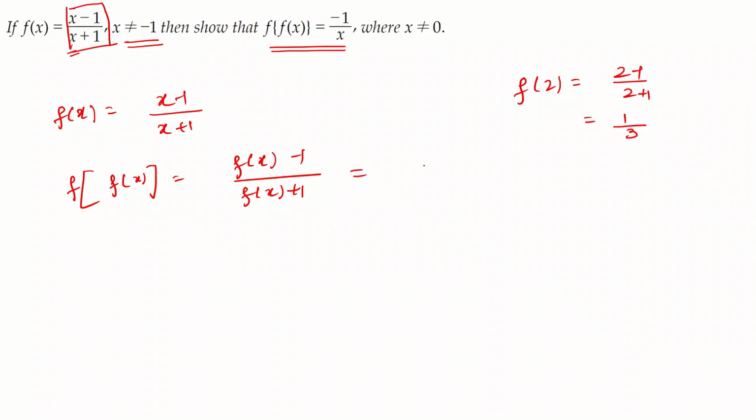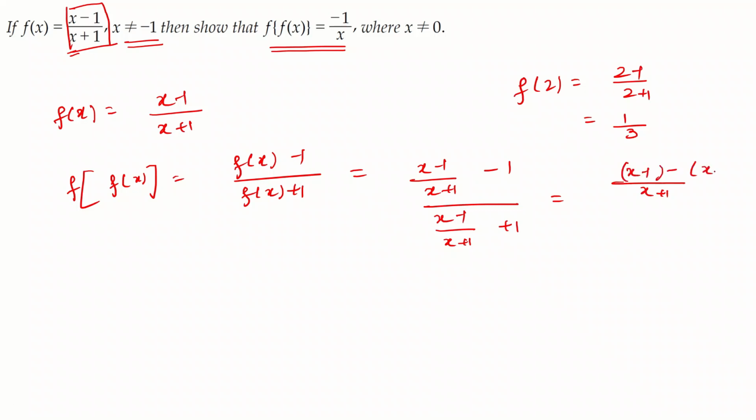So we just replace this value f(x) by its functional value, (x minus 1) by (x plus 1) minus 1, divided by (x minus 1) by (x plus 1) plus 1, and then we simplify. So we take x plus 1 as the LCM, so we get (x minus 1 minus x minus 1) divided by, again x plus 1 as LCM, (x minus 1 plus x plus 1).